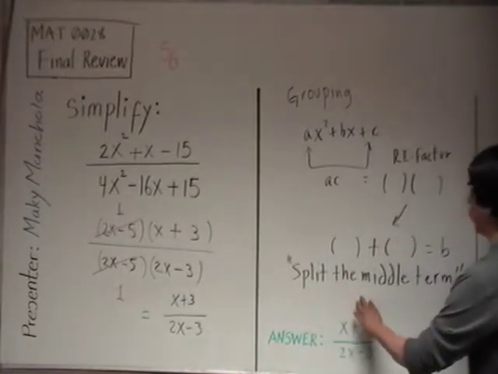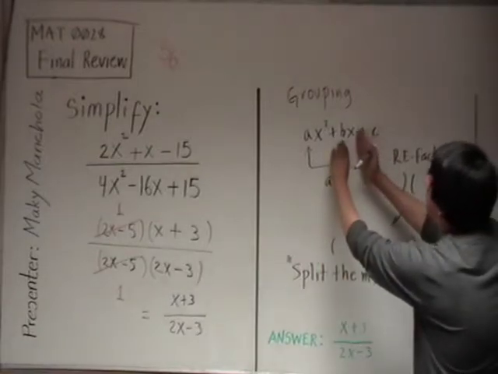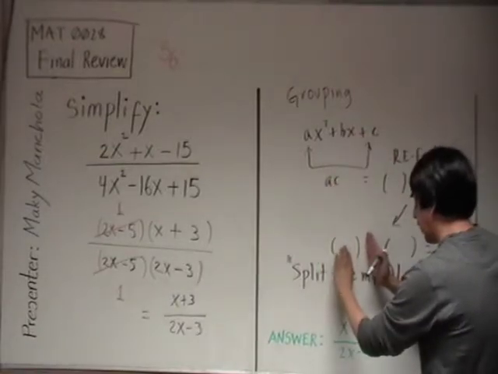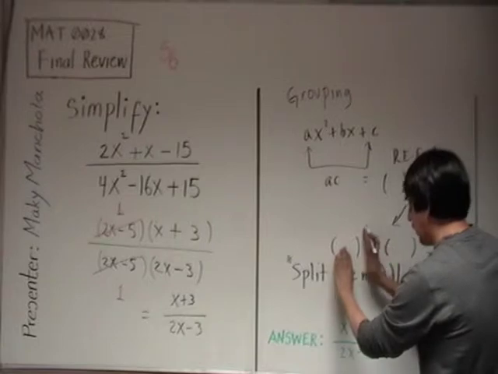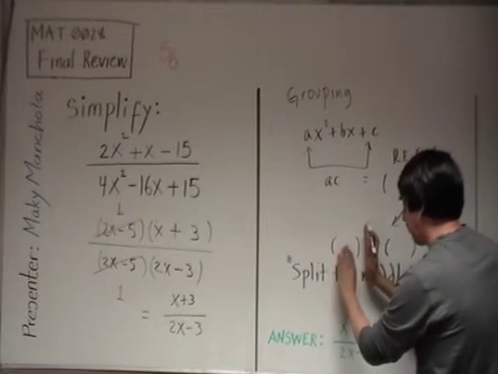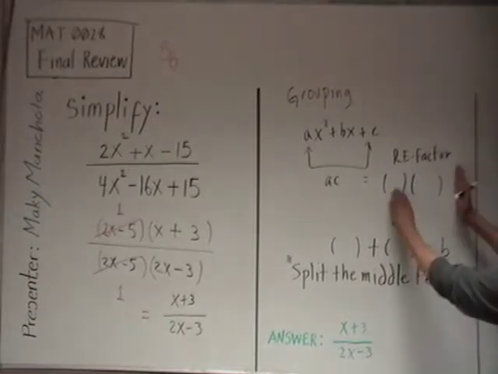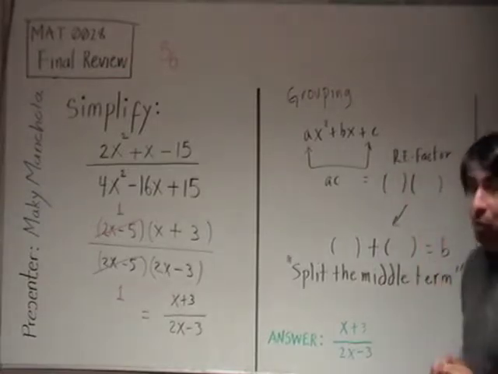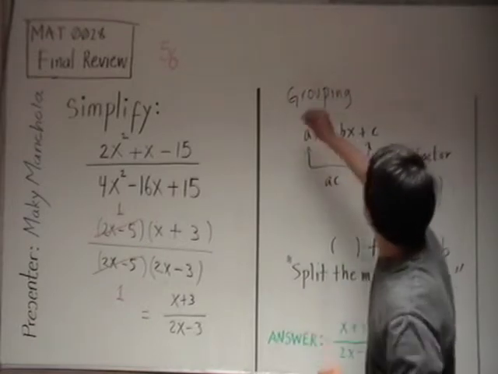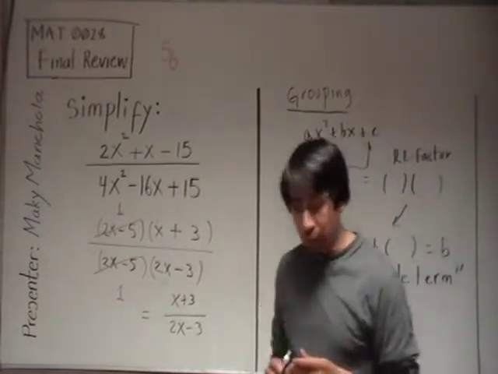Splitting the middle term means instead of writing bx, write this term times x plus this other term times x, the terms that you obtain from refactoring. Once you do that, you can group.